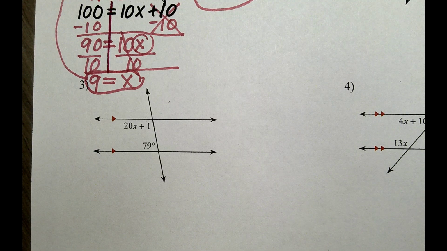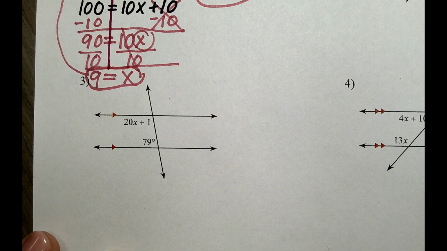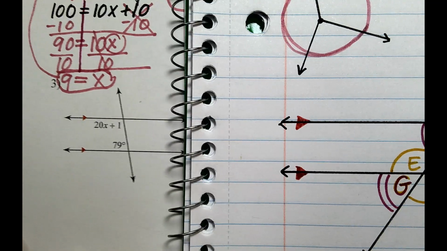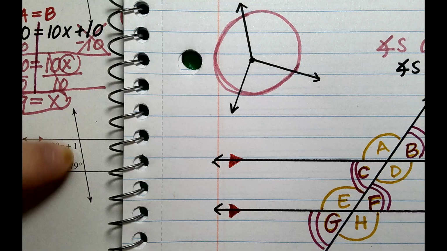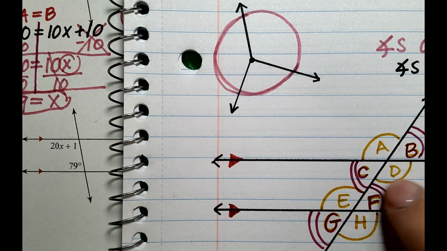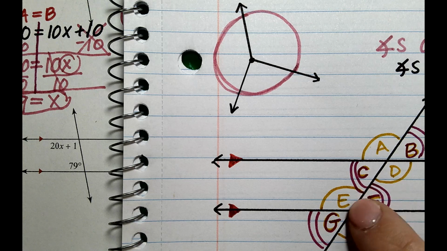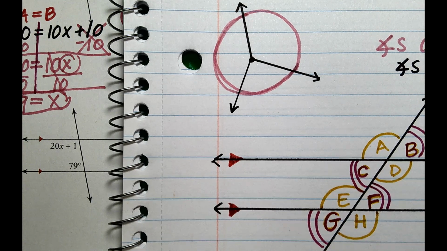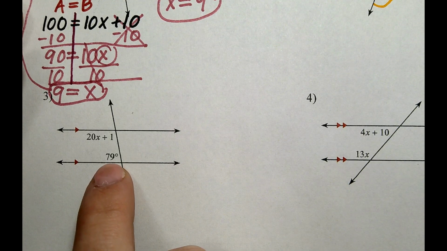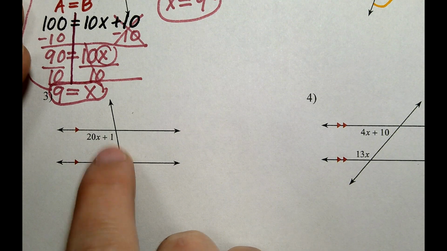Now, we can double check this in a couple of different ways. First, we could compare it to our notes, and I could see 2 angles on the same side inside of these lines, C and E. They add up to 180 because they're different. We could also trace over the angles and see that 79 is smaller, 20x plus 1 is bigger.